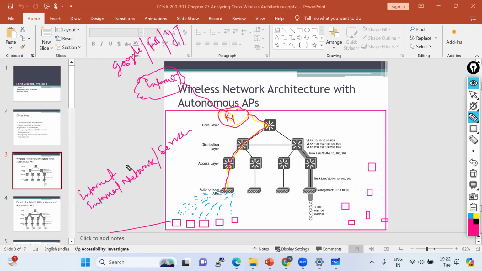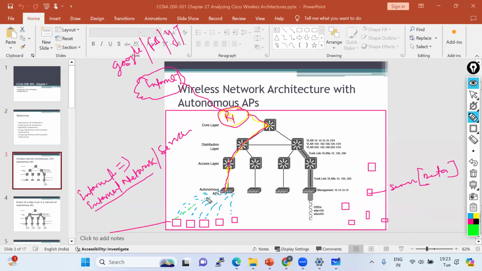Similarly, for internal network access, this PC wants to communicate with another PC, or with a server where you store some data or a database.